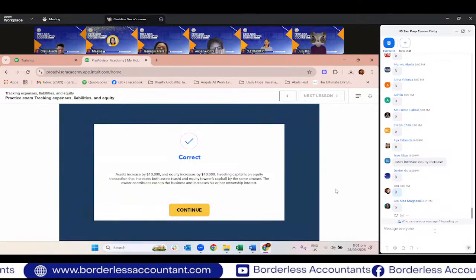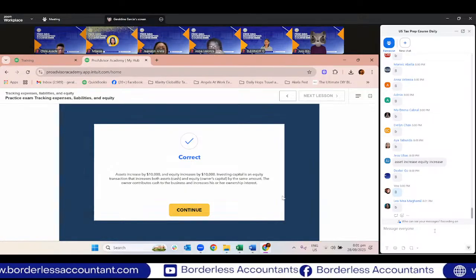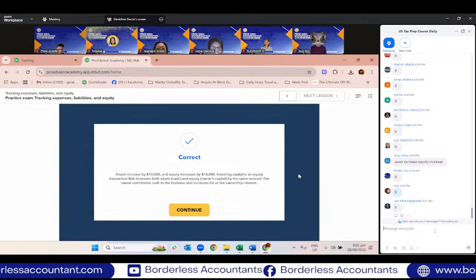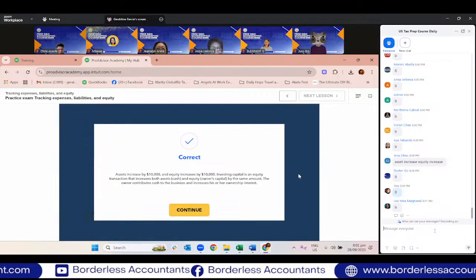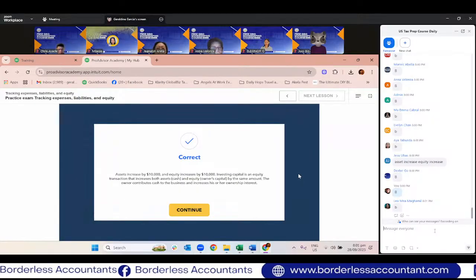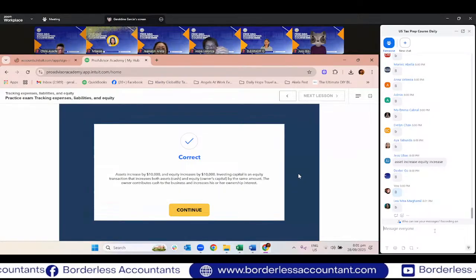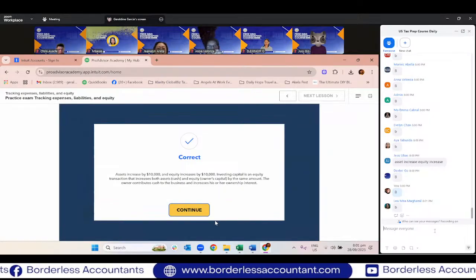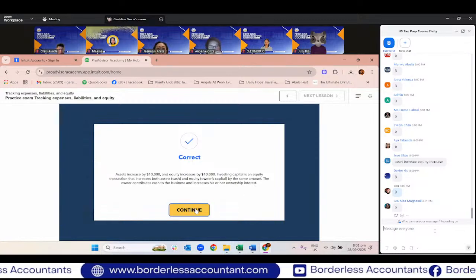Assets increased by $10,000 and equity increases by $10,000. Investing capital is an equity transaction that increases both assets and equity, which is the owner's capital, by the same amount. The owner contributes cash to the business and increases his or her ownership interest. Let's continue again to the last.